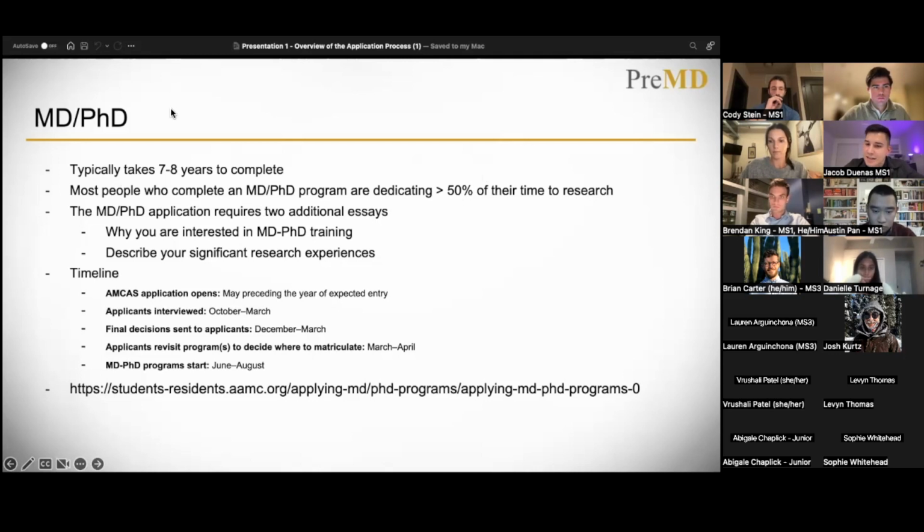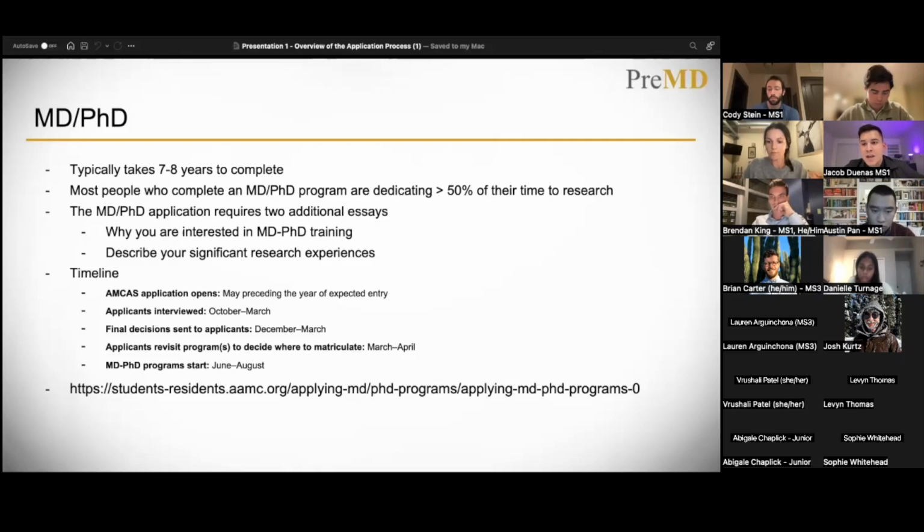Like the slide says, it's a lot of time dedicated to research. It's usually people who were in undergrad who had research projects, or who are heavily involved in research and think this would be a great continuation of that. For this one, there are 2 additional essays describing why you're interested specifically in this dual degree program, and explaining your research experiences.